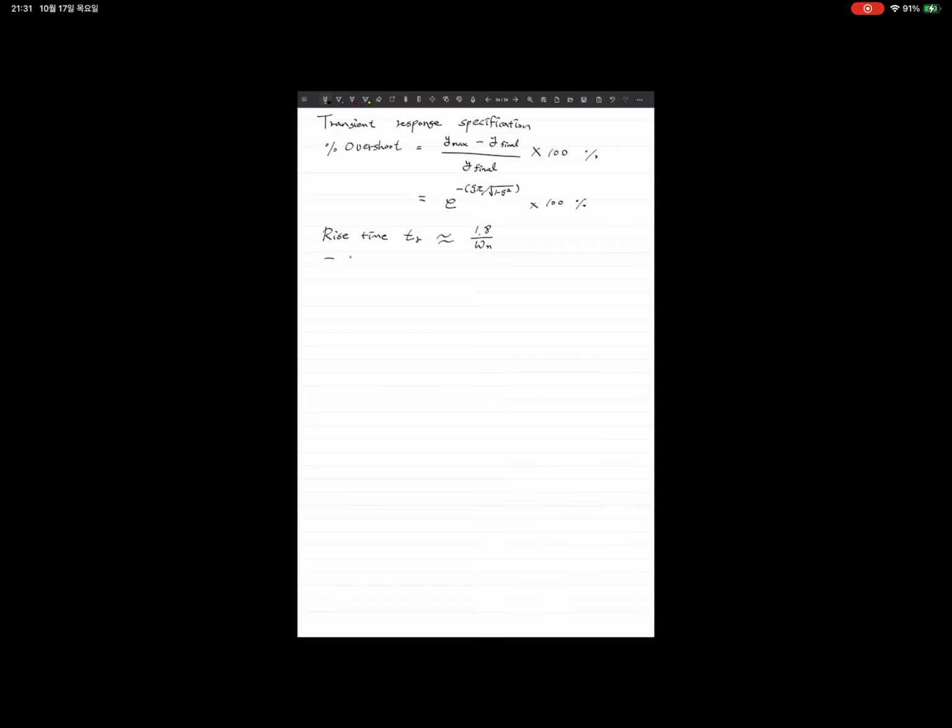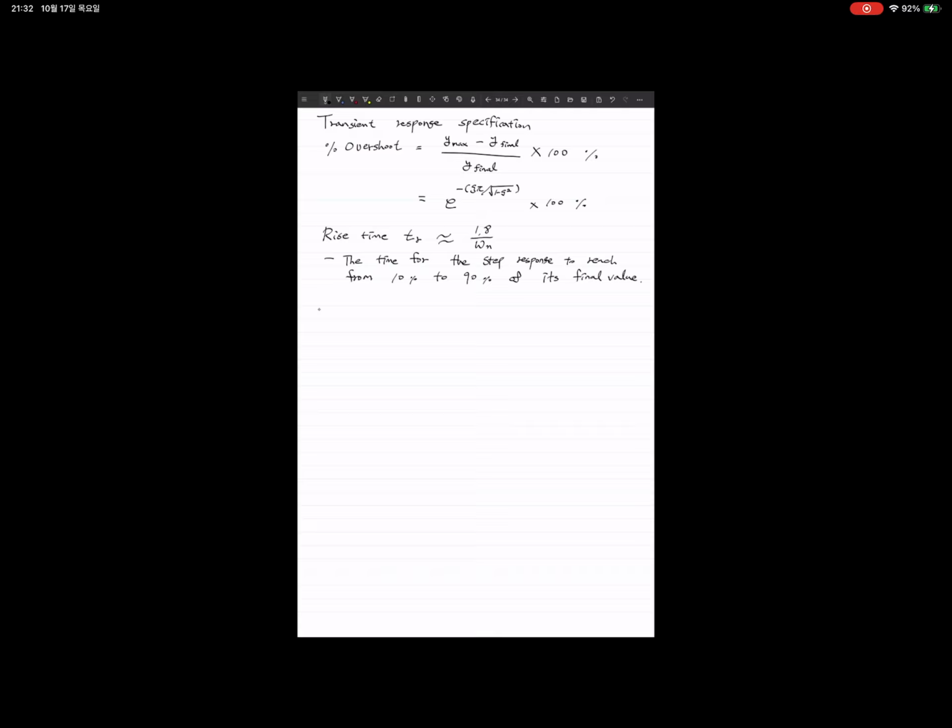So the definition of the rise time is the time for the step response to reach from 10% to 90% of its final value.